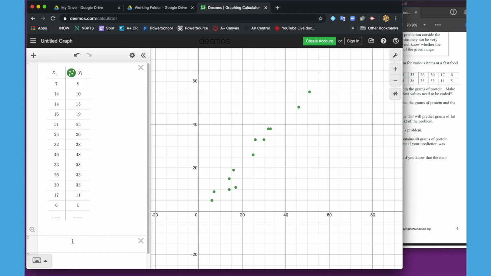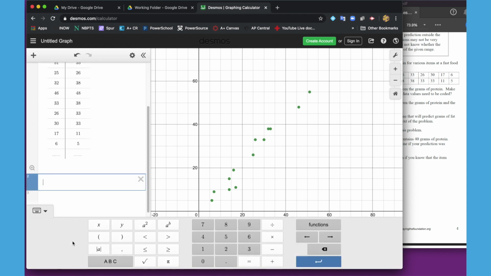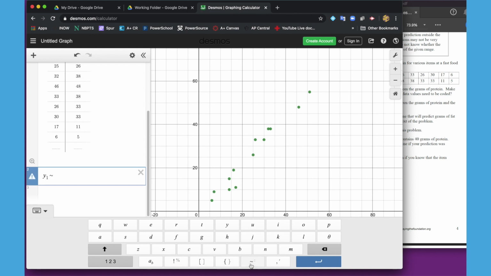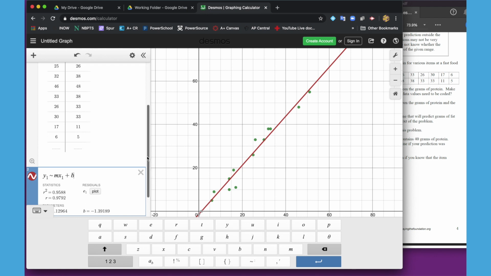So to get that linear regression line, we're going to type Y1, and we're going to have this little squiggly line, and you'll get it by going to, notice I click this ABC, and it's right here, squiggly line, M for slope, X1 plus B, and I get that regression line.